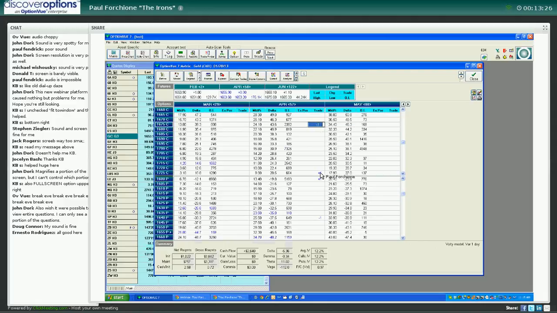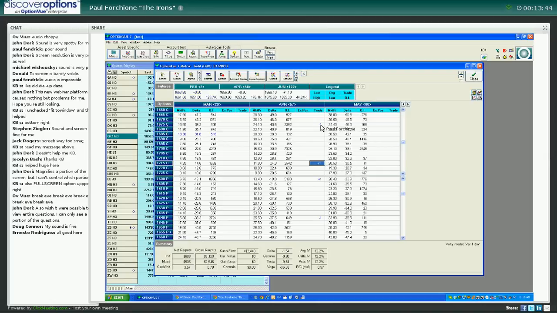If we do the same with the calls, that means that our long call would be 40 points out of the money from the 1675. That would make it the 1715 would be the call that we would purchase.